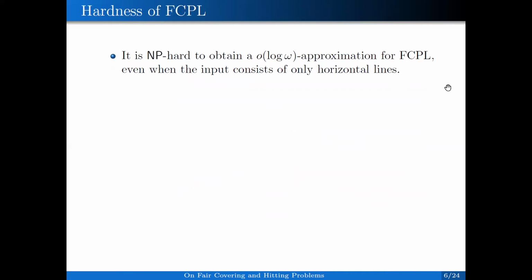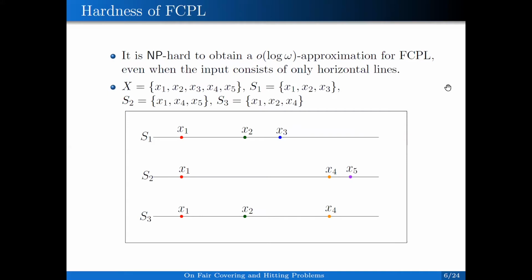So as I mentioned before, colorful vertex cover is hard to approximate within a factor better than log omega. And indeed, this hardness is also applicable for the geometric version of the problem, which is fair covering of points by lines. And one can show a straightforward reduction from set cover, where for each set we have a horizontal line, and for each element we have a color.